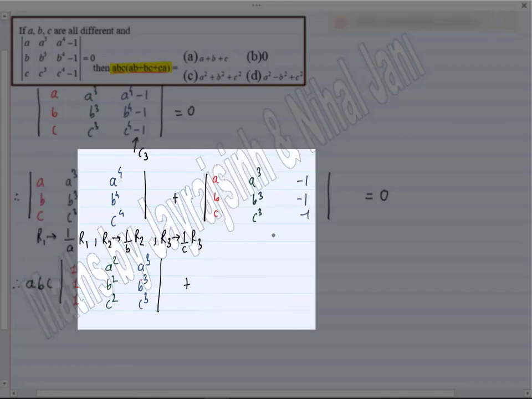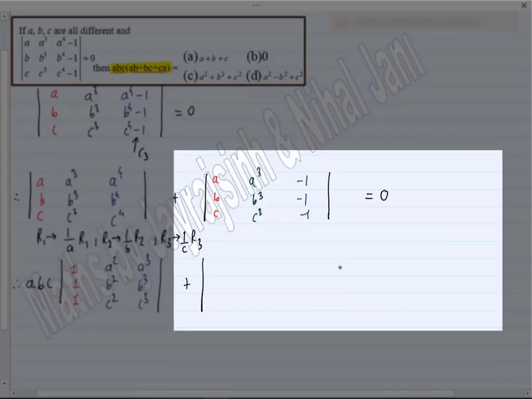Now in the second determinant, let's interchange the first row with the third. So your third will become your first row and your first will become your third. And due to this operation, you have to change the sign of the determinant.